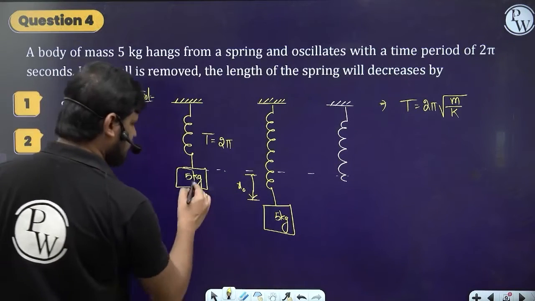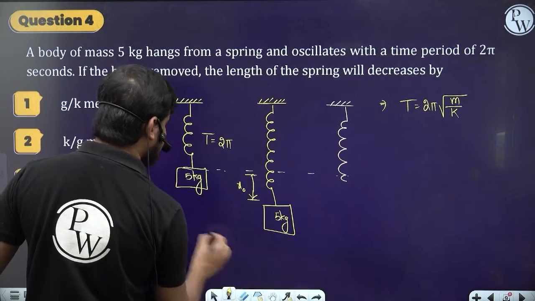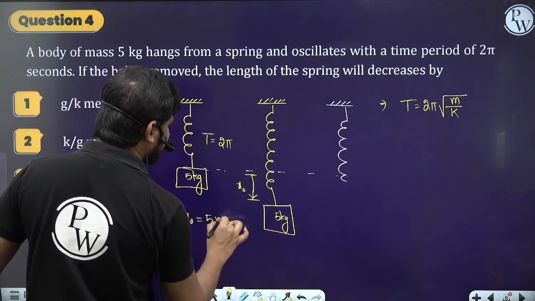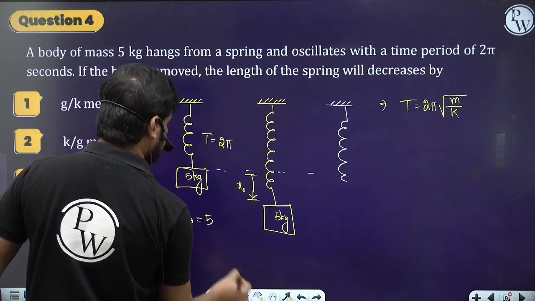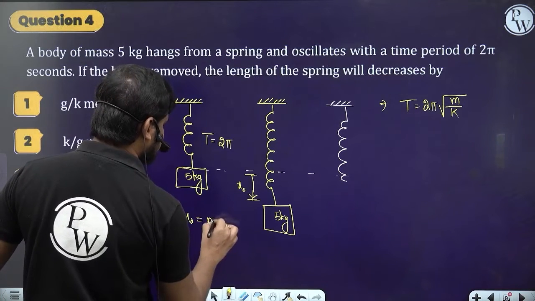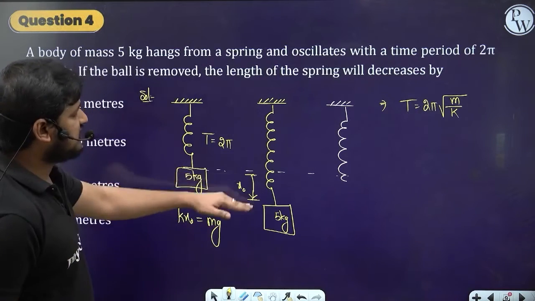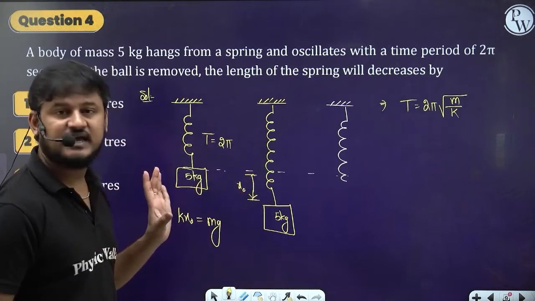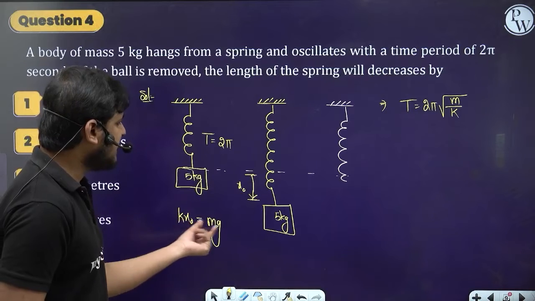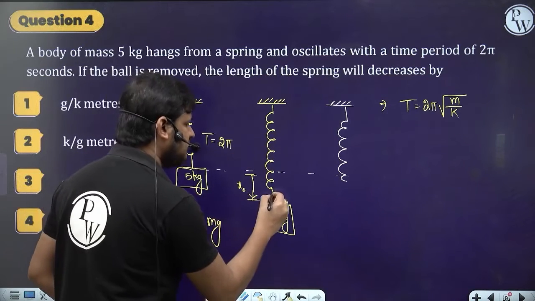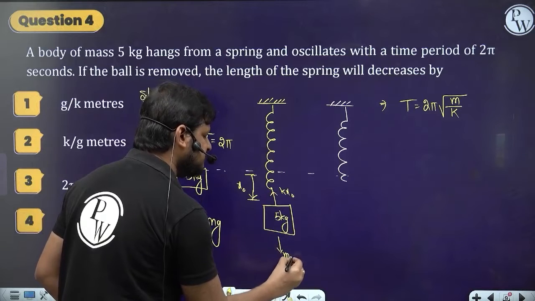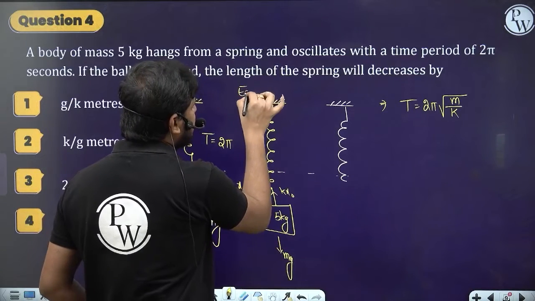The net force, kx naught, is equal to mg, which is 5g, at the equilibrium position. Let's suppose it is hung by some displacement x naught. Then kx naught acts upward, and here the force mg acts. So this is the equilibrium position.